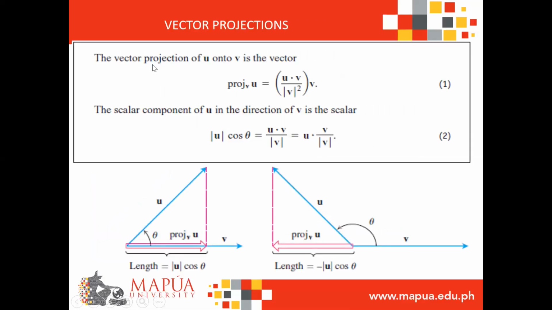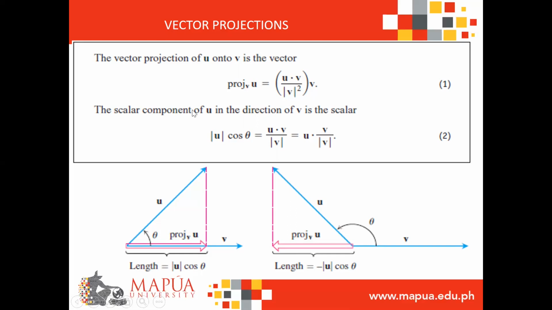Then we have the vector projection of u onto v, that is proj of u onto v equals the quantity u dot v over the magnitude of v squared, times v.